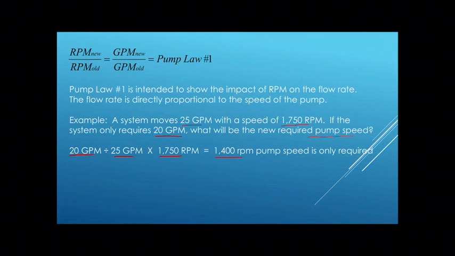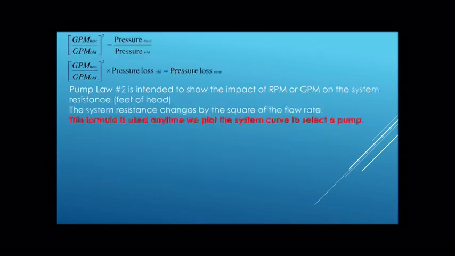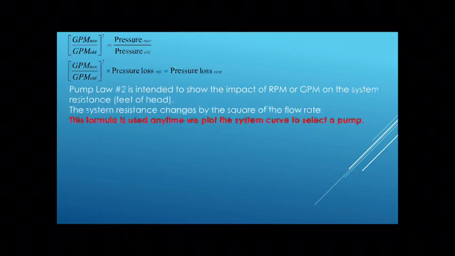Now, when you do the math, it's going to identify that your new pump speed could be dropped down to 1400 RPM, which will yield you the 20 gallons a minute. Of course, the advantage of that is it's going to pull less horsepower and less amperage. All those things are going to be advantageous. The way we would do that is obviously with some sort of a frequency drive in the field. And that's just one example.